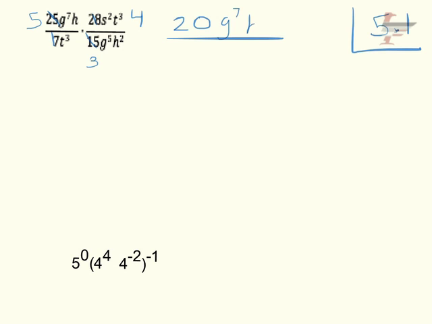And then I have an h, and I have an s squared, and a t cubed. Okay, then the denominator, I have 1 times 3, so that would be 3. And then I have a g to the 5th, I'm just doing this alphabetically, not that you have to, h squared and t cubed. Okay, now vertically, my numbers are reduced as much as I possibly can.